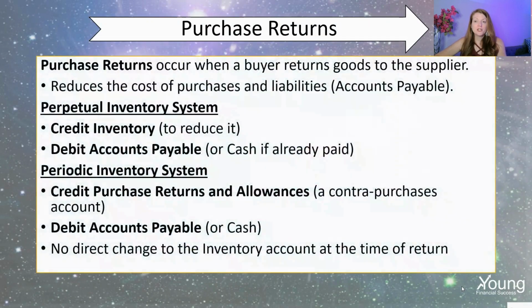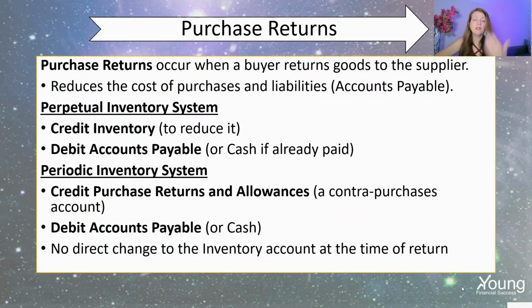Then our purchase returns: we would return an item to the supplier that supplied us the goods. When we return those, it reduces the cost of our purchases. We're either going to have cash come in for that return, or if we haven't paid for it yet, it will reduce our accounts payable. So for perpetual inventory, if we return some goods, we are going to credit inventory because we have less goods now.